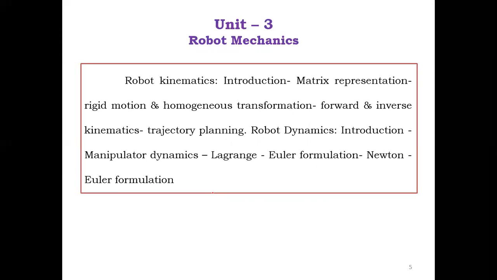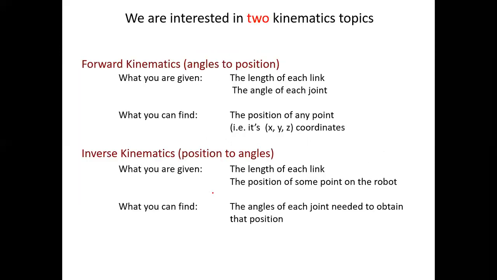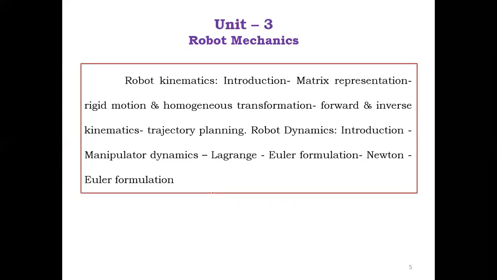In unit number 3, we discussed the basics: what is forward kinematics, what is inverse kinematics, as well as what is homogeneous transformation, if you translate the main frame or rotate the main frame. In this topic we discussed pure translation of the frame, pure rotation, and a combination of translation and rotation in the frame.